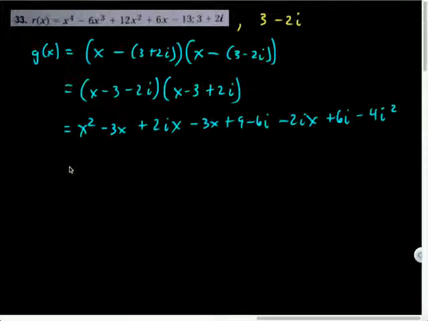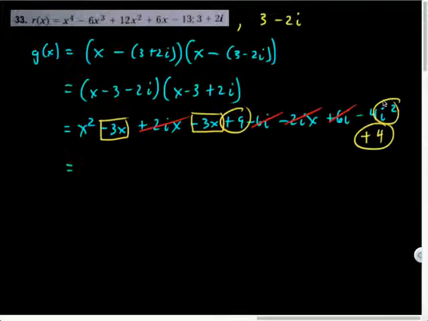So let's cancel out what we can. 2x and negative 2x, and 6i and negative 6i can cancel out. I'm going to have negative 3x and negative 3x, and positive 9 can combine with this, which is really going to be plus 4 after I change that i squared to a negative 1.